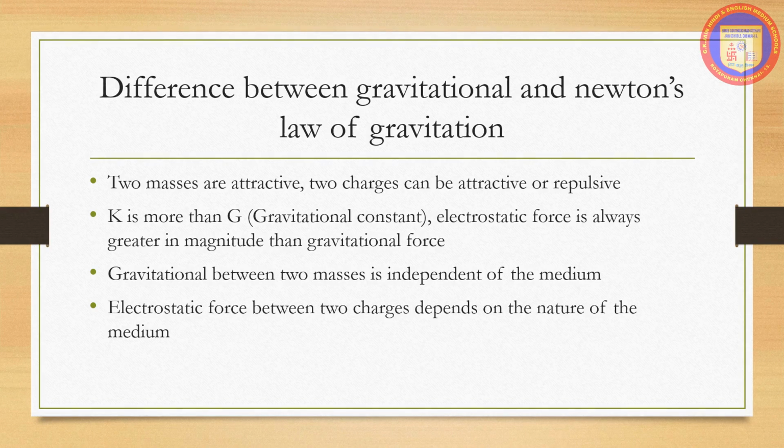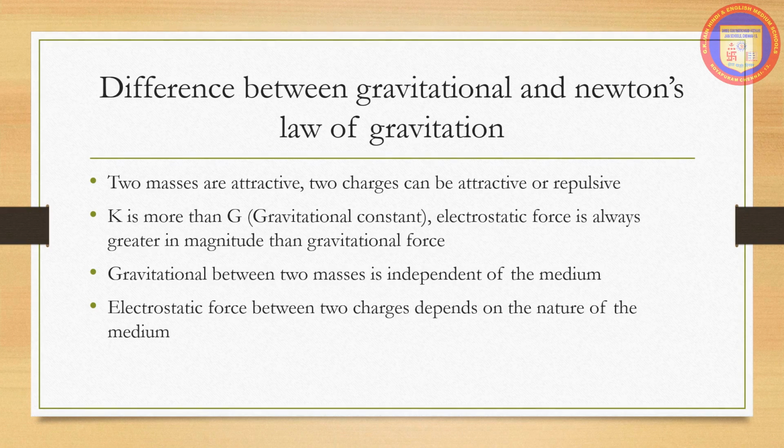The gravitational force between two masses is independent of the medium, but the electrostatic force between two charges depends on the nature of the medium in which the two charges are kept at rest. Coulomb's law explains the interaction between two point charges.